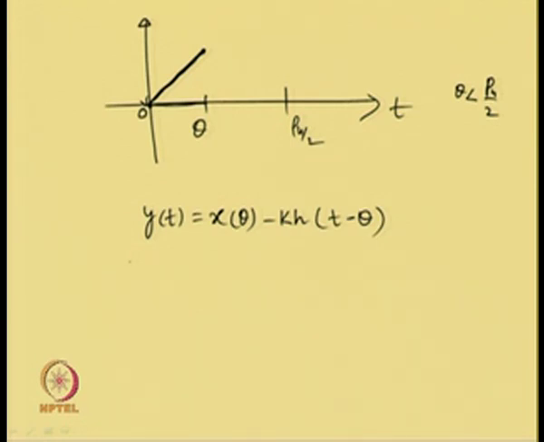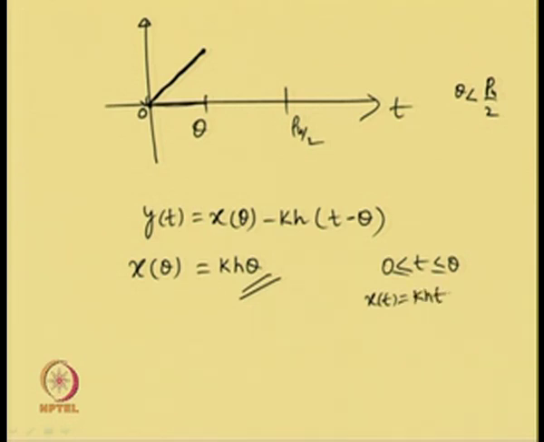But what is x(theta)? x(theta) will be equal to k h theta. As we have seen, for time t between 0 to theta, the output y(t), or the state space value x(t), is given by x(t) = k h t. Therefore, x(theta) will be equal to k h theta.